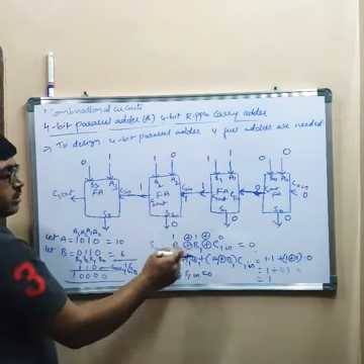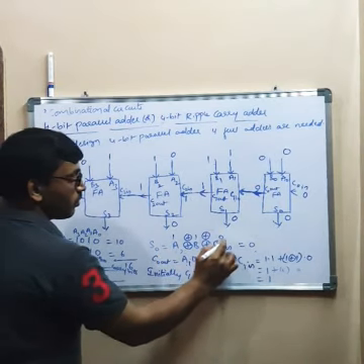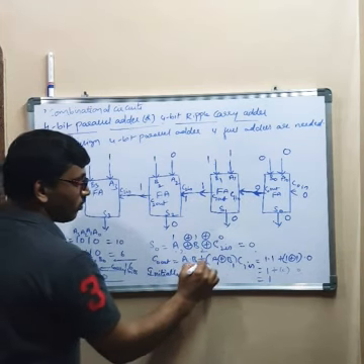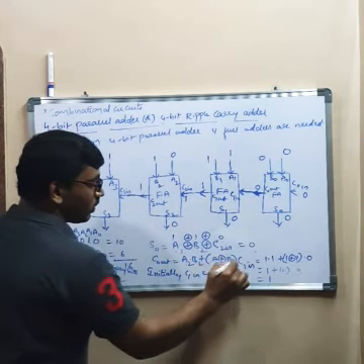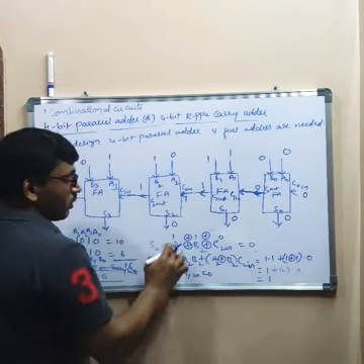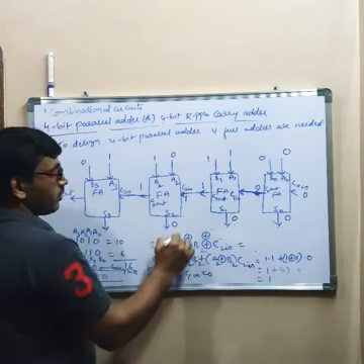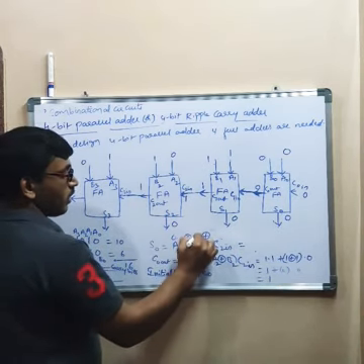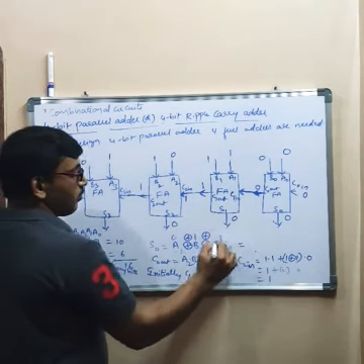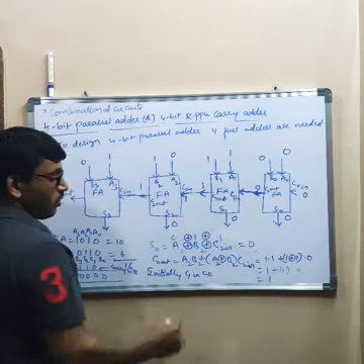You substitute the next case: A2, B2, C2 in. So what is A2 you have? 0, B2 is 1, C2 in is 1. 0 XOR 1 XOR 1 is 0.